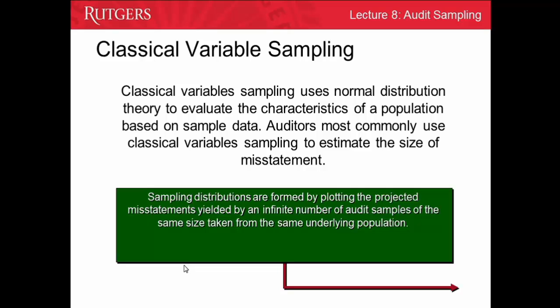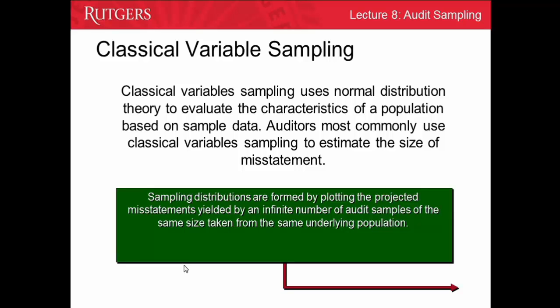Finally, let's take a look at classical variable sampling. Because classical variable sampling is not used as often as monetary unit sampling, I'm just going to give you a general overview of this sampling technique.